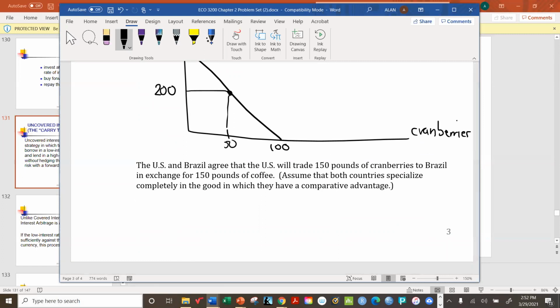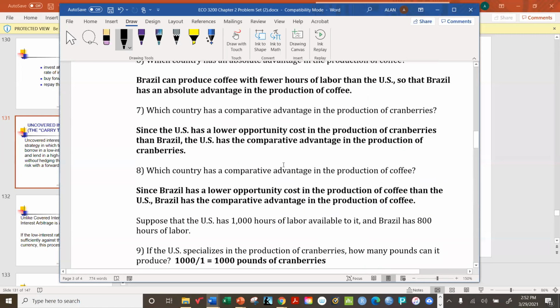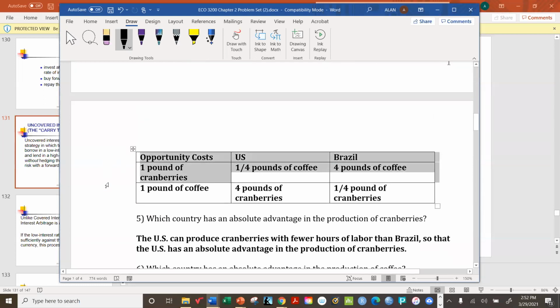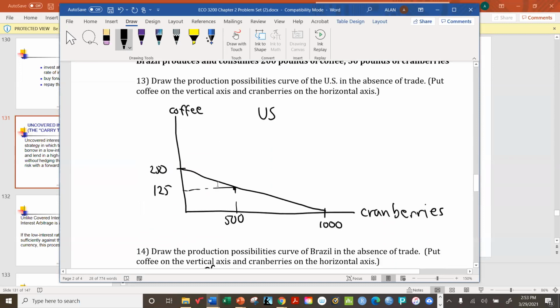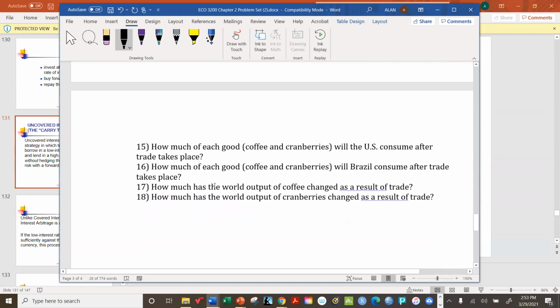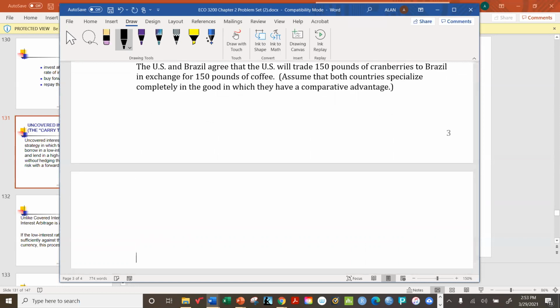And then you have to keep track of how much they're trading and how much they end up with. Okay, so I'll need a series of charts. I'll just copy this one, I guess, and rework it a little. All right, so here's how this goes. We'll start out with the without trade.